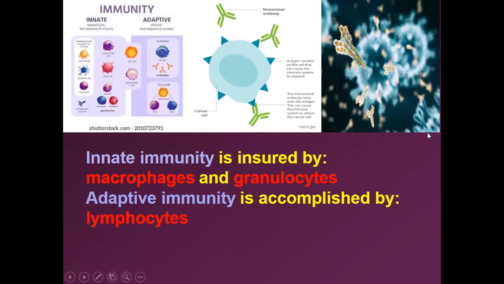But before, we are going to classify immunity into two categories: innate immunity, which is ensured by macrophages and granulocytes, and adaptive immunity, accomplished by lymphocytes. Why this classification?